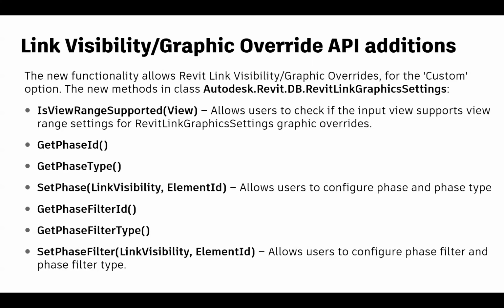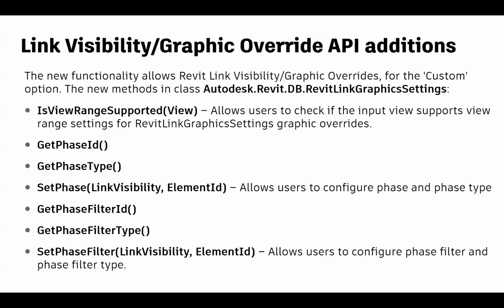Link visibility graphic override API additions. As you might know, there are three flavors of visibility graphic overrides for linked files: we can have the visibility and graphic override settings by host view, by linked view, and custom.